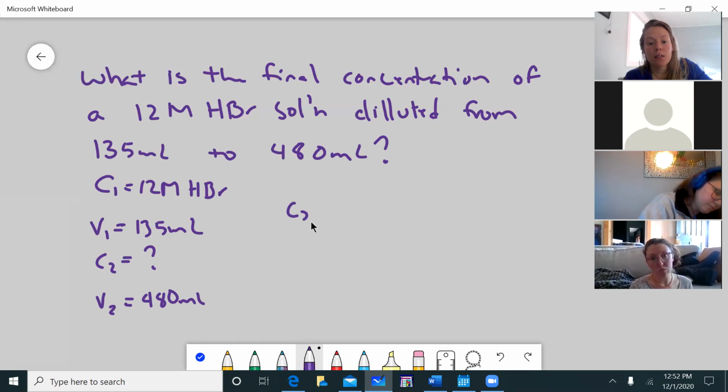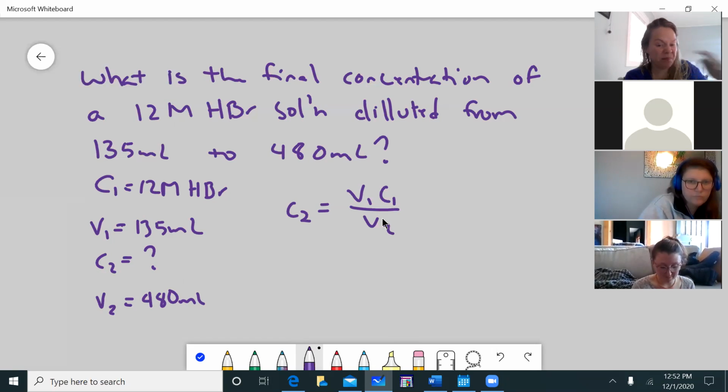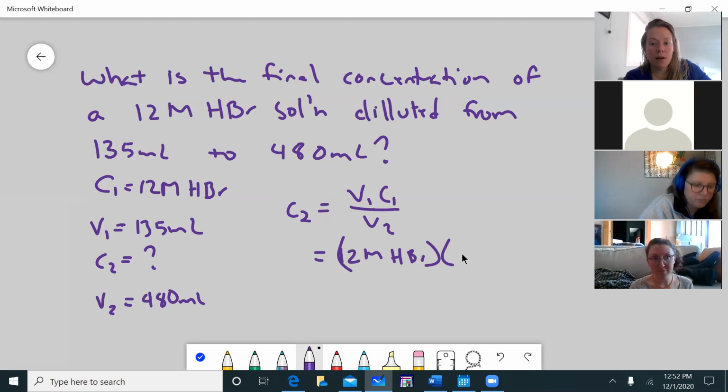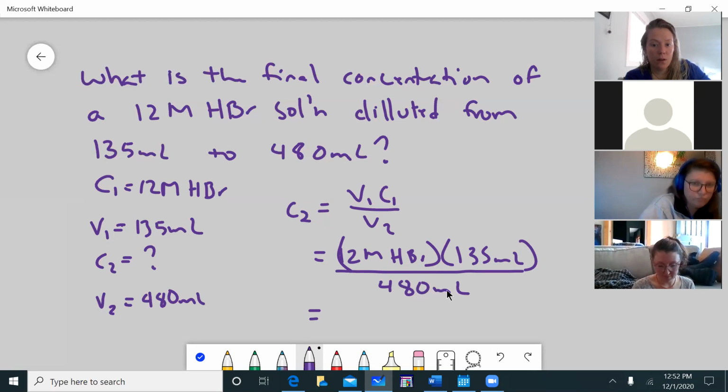So in order to get C2 by itself, C2 will equal C1 V1 over V2. Or our 12 molar HBr times our 135 milliliters divided by the 480 milliliters.